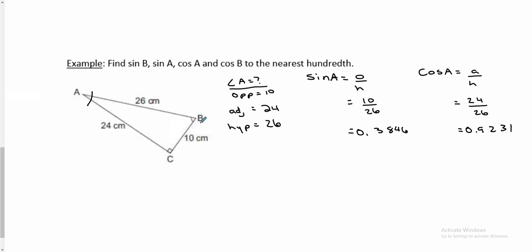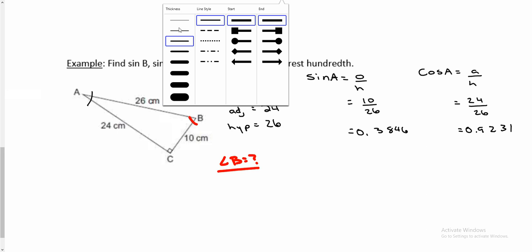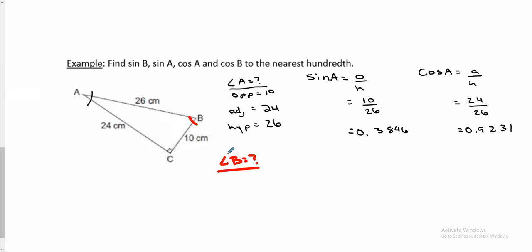If I look at this now, cos B, angle B, we don't know what it equals, and I gotta make this line a little smaller. Our opposite is 24. Our hypotenuse is 26. And our adjacent is 10.